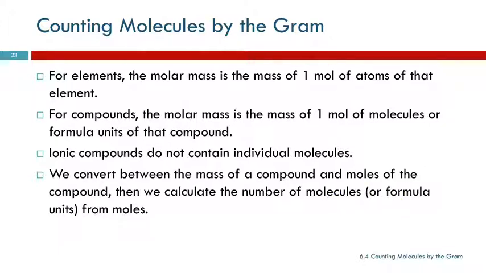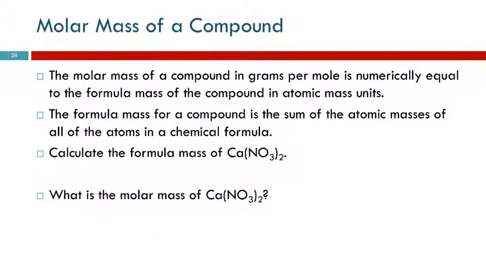So we can convert between the mass of a compound and the moles of a compound, and then we can calculate the number of molecules or formula units from the number of moles. It's the same process that we did. The only difference is instead of just looking up the molar mass in the periodic table, we have to actually calculate it. So what's the molar mass of a compound?